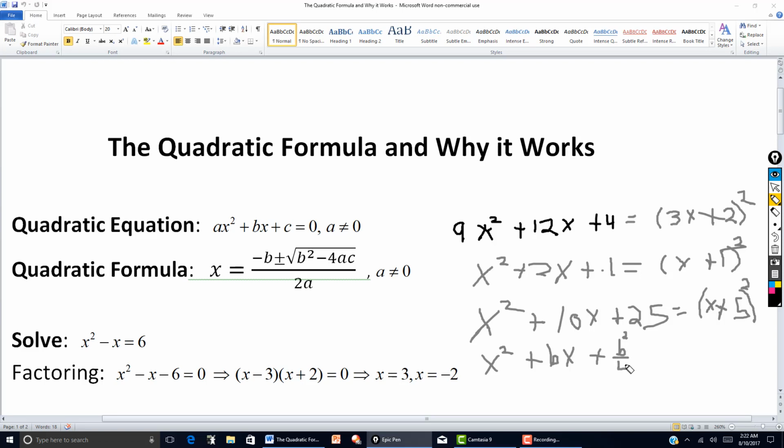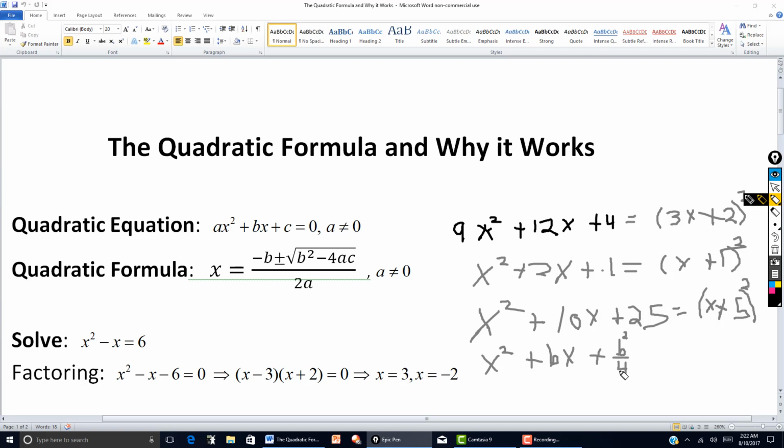This is a trinomial, and the coefficients are: for the x squared we have a 1, the coefficient of x is b, and the constant term is b squared over 4.